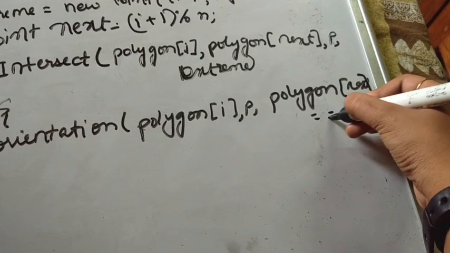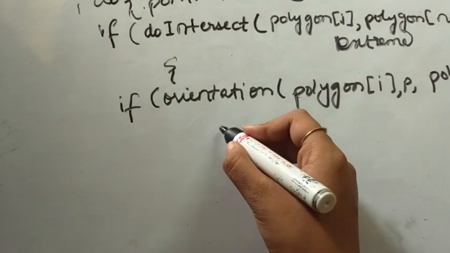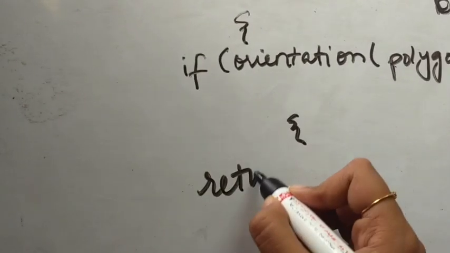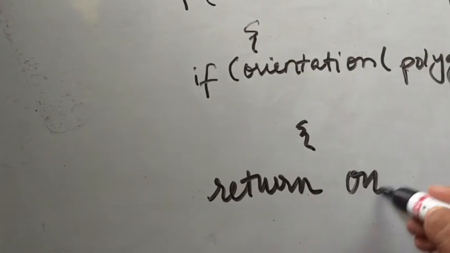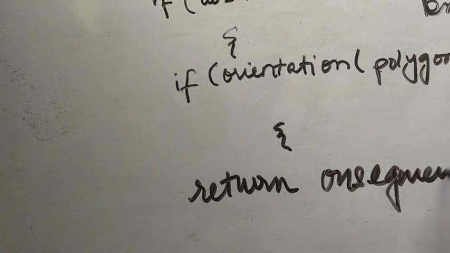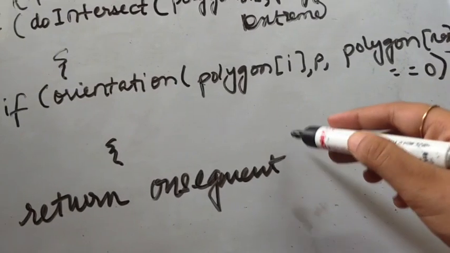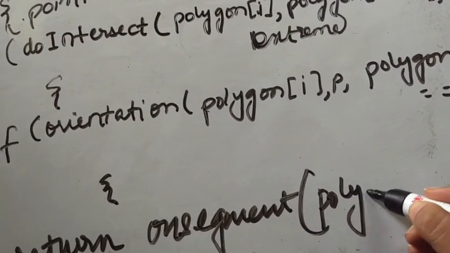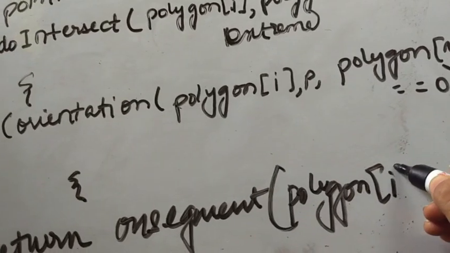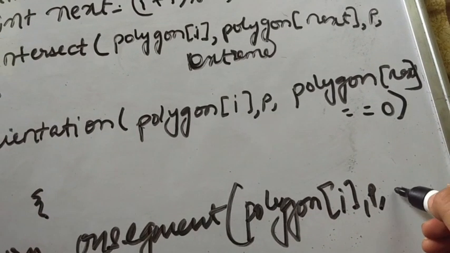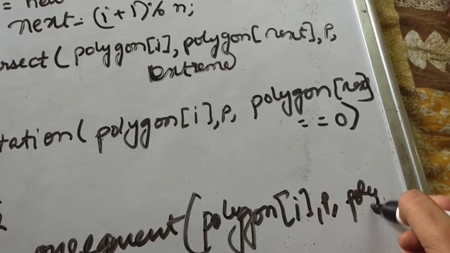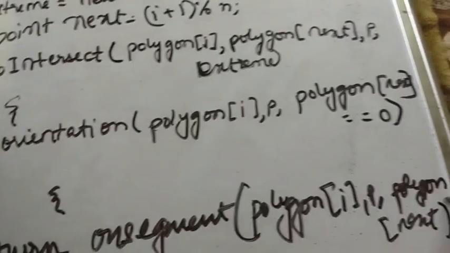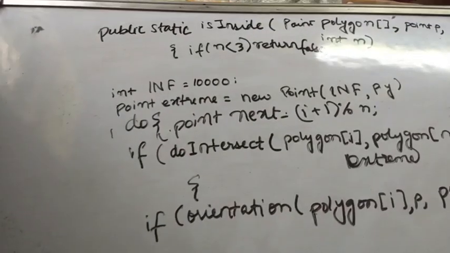And if it is equal to 0, we are going to return the onSegment of these 3 exact points, right? So I'm going to return, and polygon next. I'm erasing this entire thing because we are running out of space.